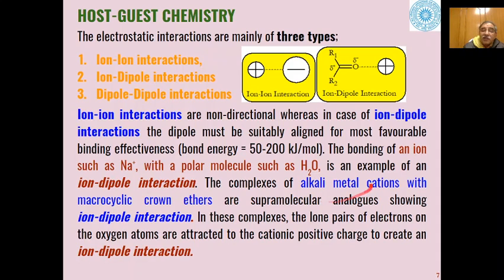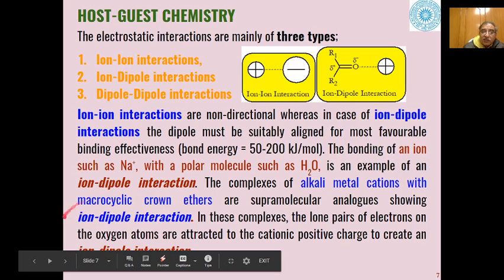Similarly, alkali metal cations with macrocyclic crown ethers, as we have seen in the previous example, 18 crown 6 interacting or forming a complex with potassium ions. So their alkali metal cation will act as an ion, whereas macrocyclic crown ether will act as a dipole.